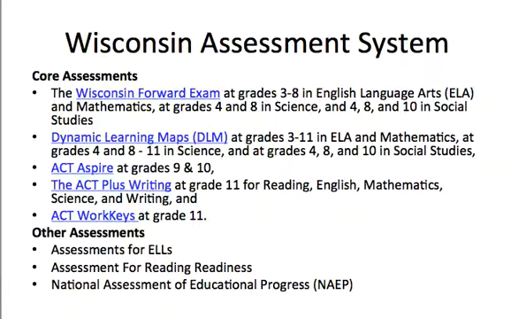These are all on the DPI website, and we're not going to end up talking about them a lot, but I encourage you to go look at them. And there are other assessments for English language learners, other assessments for reading readiness, and other assessments for educational progress as well. Now, these tests get administered at different times, at different regular intervals, but they get compiled to try to figure out, where is education in the state right now?